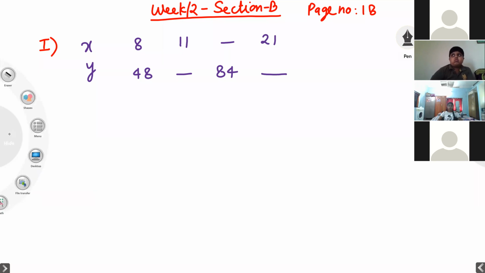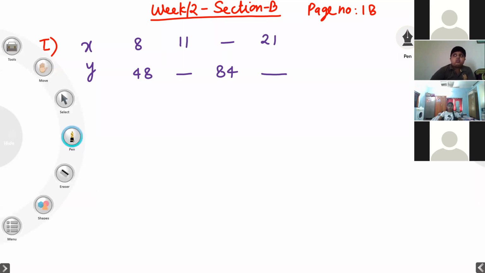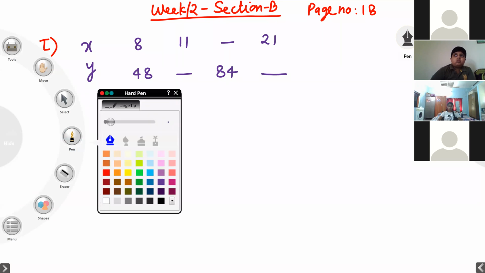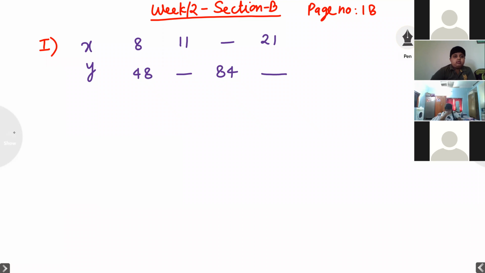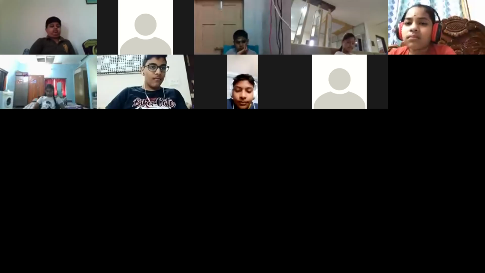In this question, he has clearly mentioned X and Y vary directly. If X and Y are varying directly, it means I want to apply the Y by X concept.